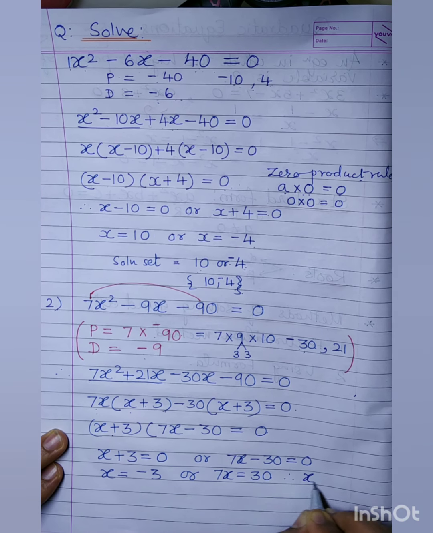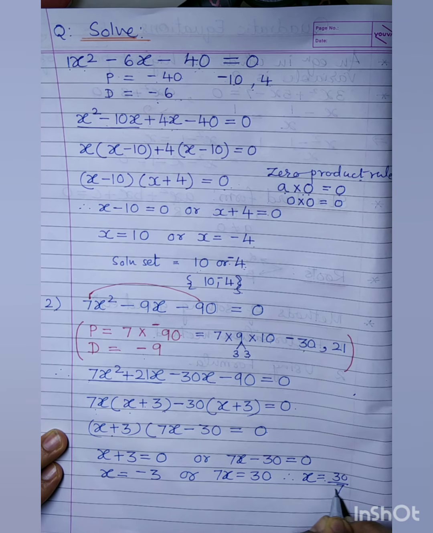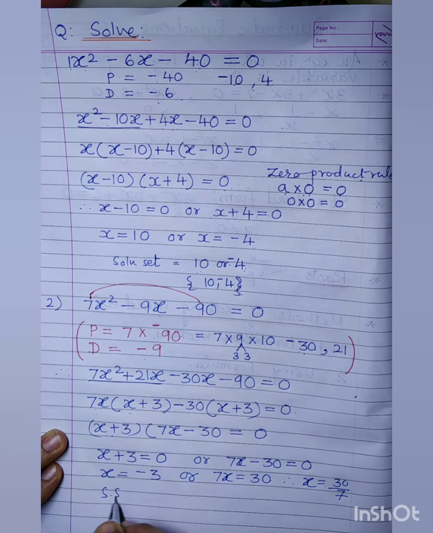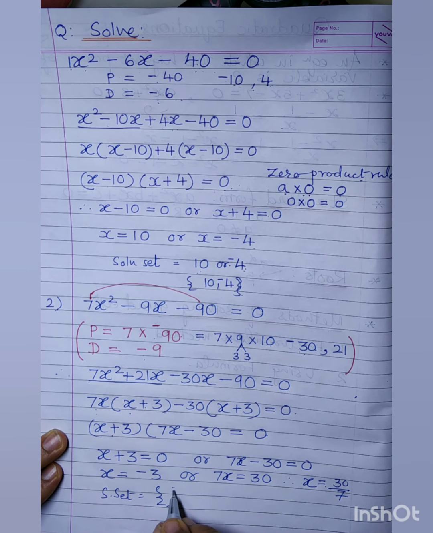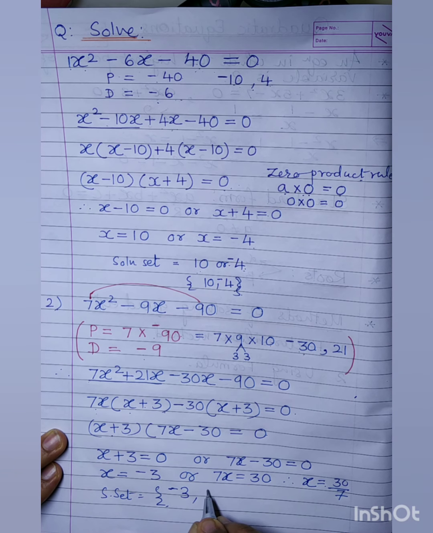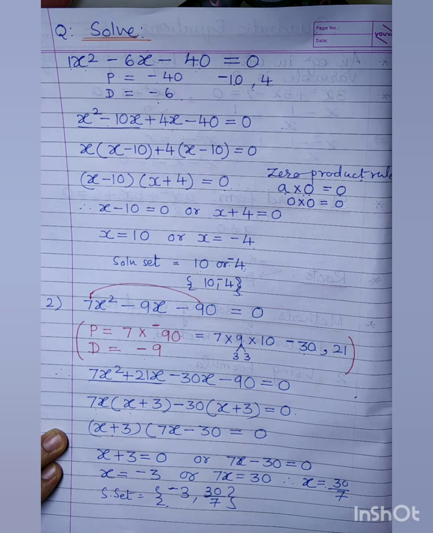Therefore, x is equal to 30 upon 7. So what is the solution set here? We have got minus 3 comma 30 upon 7.